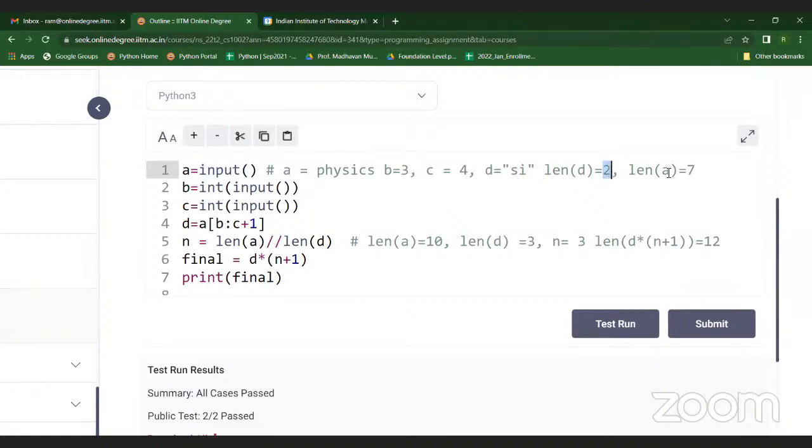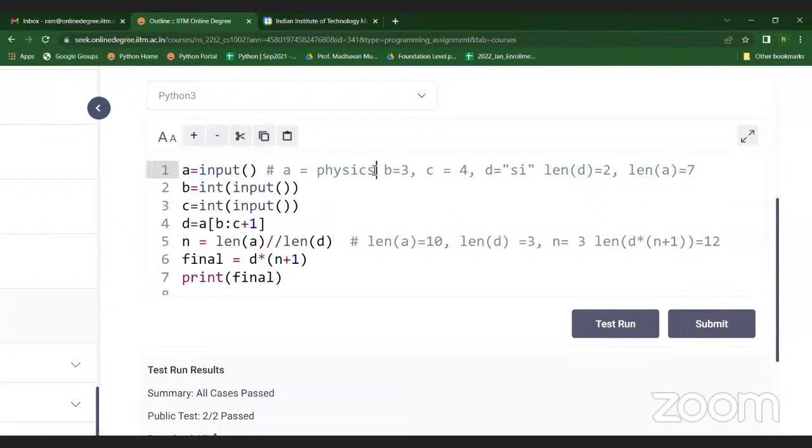So now len of A floor divided by len of D is equal to 3, because 7 divided by 2. The physics length is 6 only. Physics 7, right? Length is not indexing.